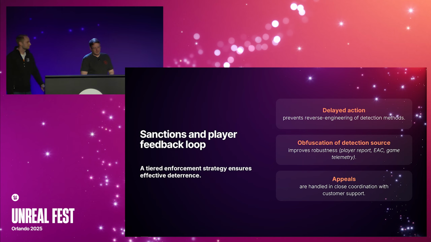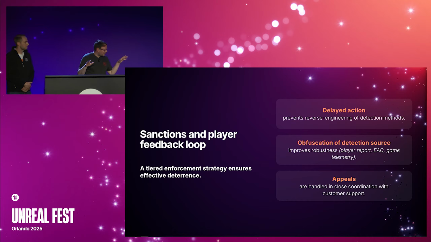Sanction-worthy for that player. There's obviously a lot of speculation, and we get direct feedback on our work in all the cheat Discords out there. So it's always fun to read after a ban wave. They say, oh, this was a pure player report ban wave, because they want to assure their user base that all their cheat tools are undetectable from a technical perspective, which might or might not be right.